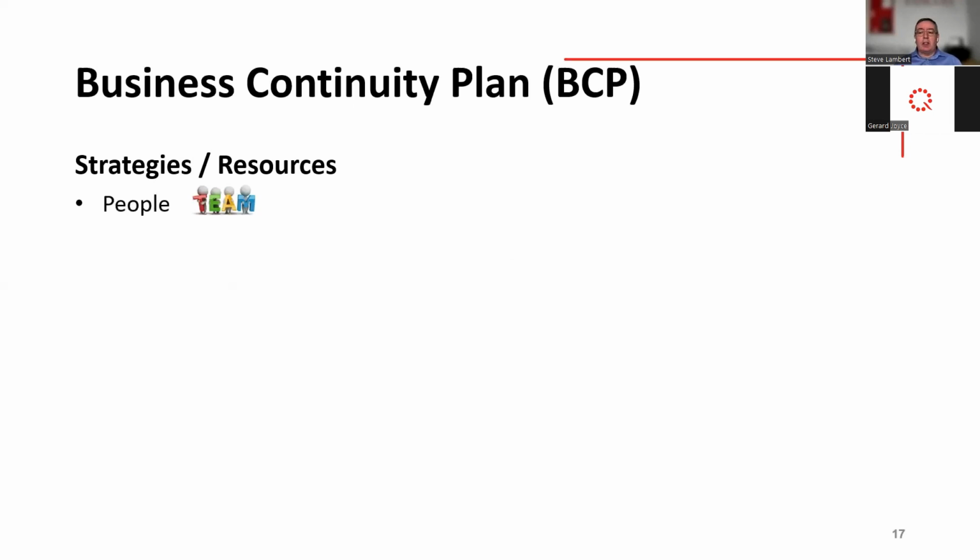The first thing you need to consider is your people side of things. Who are the people that you need to be able to respond to an incident that happens? Certainly you've got your incident management team, but who are the key people within each of the departments that you're going to be reliant on to recover your operations if an incident happens? You'll tend to find that you may well have potential single points of failure within the teams.